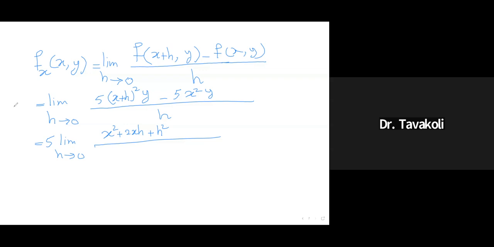So each of these terms is multiplied by y. In other words, y is distributed over these three terms. So x squared y, 2xhy, h squared y. Then minus x squared y. No 5 because I have already factored 5 out. And divided by h.